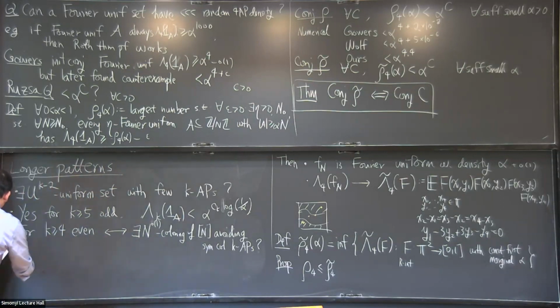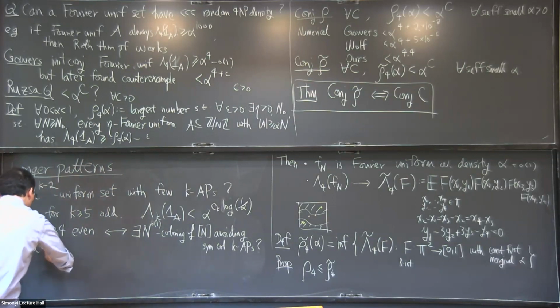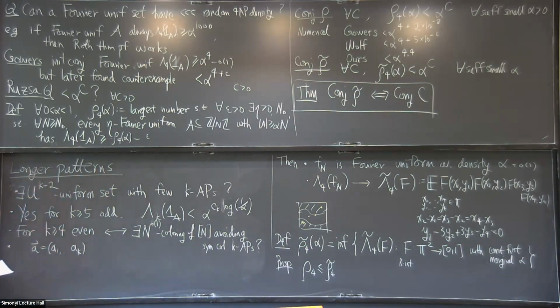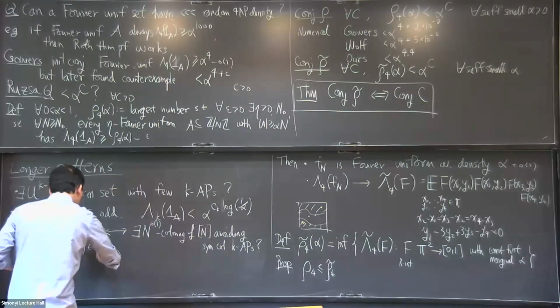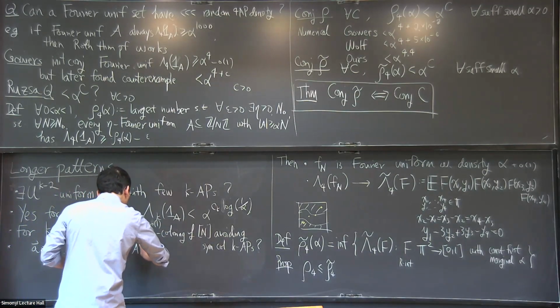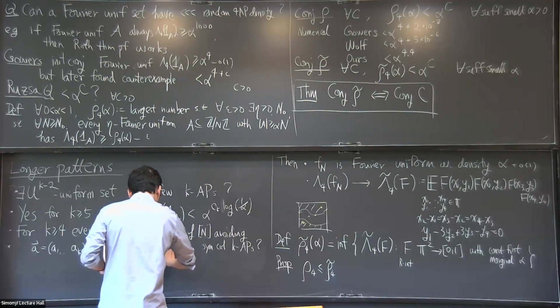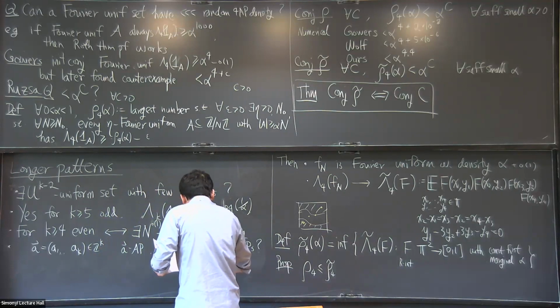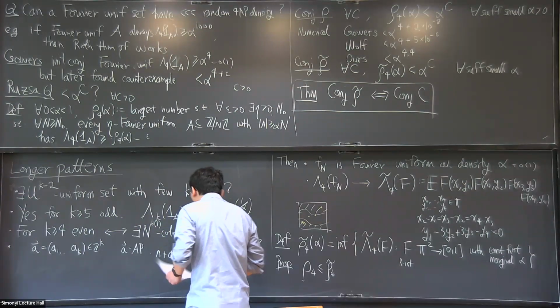And finally, what about instead of an evenly spaced arithmetic progression, what if you allow other spacing? So let me start with some constants, a1 through ak, some distinct integers, and define a notion of A-AP to be a generalization of k-AP, where I specify some non-uniform spacing.